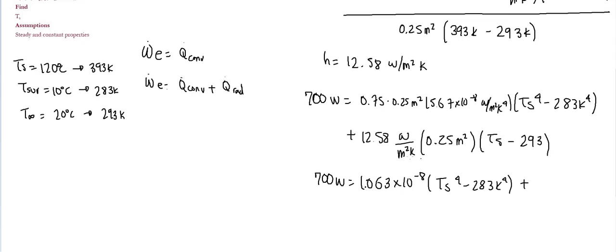And then the multiplication of the two terms in the second part is going to give us 3.145, and this is Ts minus 293 Kelvin.